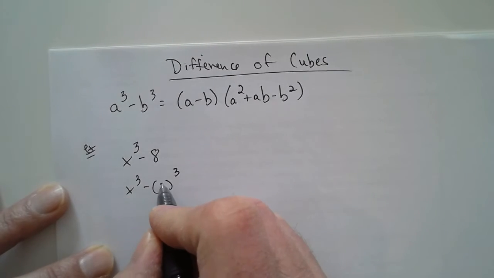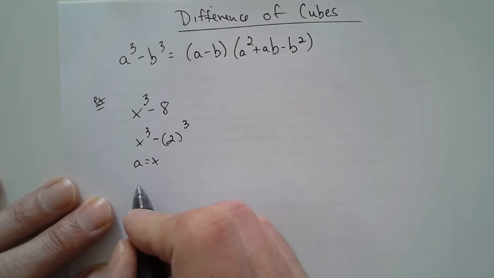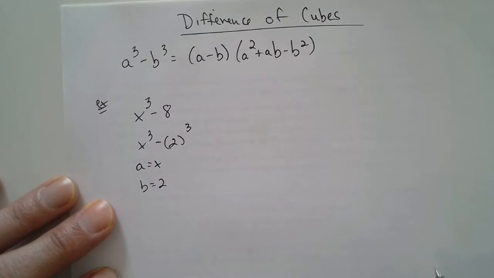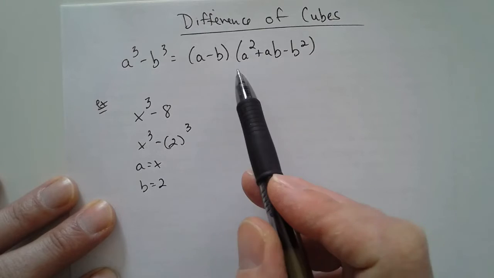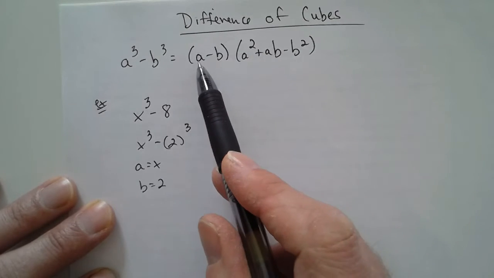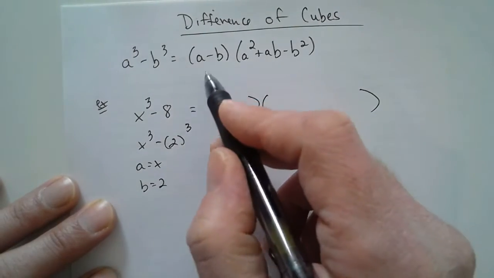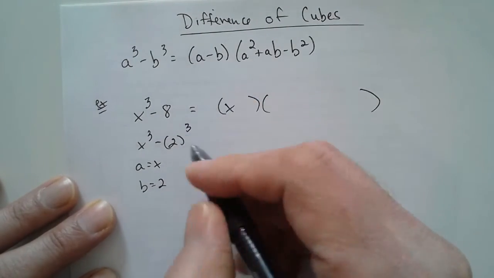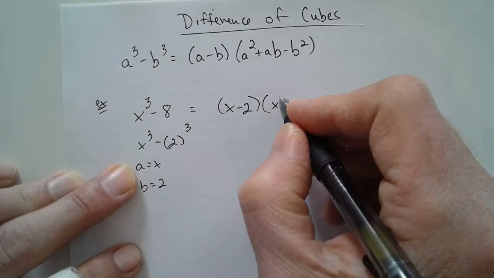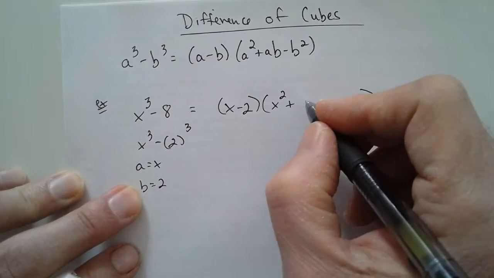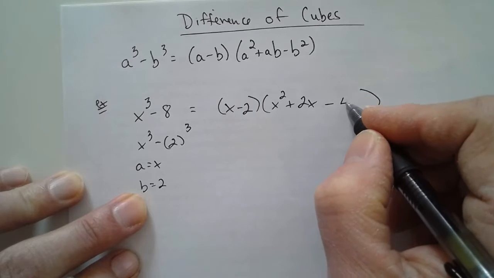Well, that'd be 2. So a is x, that's what's being cubed here, and b would be 2. So then you just plug in x and 2 into the formula for a and b. So it'd be a, which is x, minus b, which is 2, a squared plus a times b, so that's 2x, plus b squared, so plus 2 squared, so plus 4.